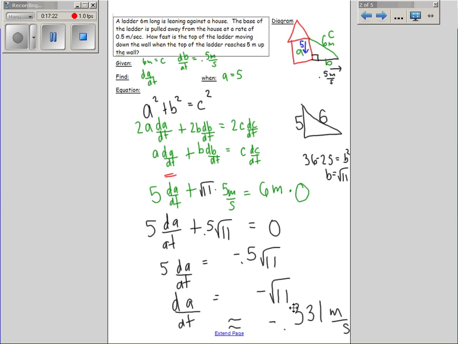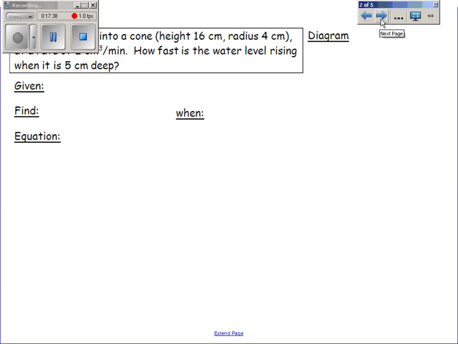All right, on to our next example here. We have a cone.